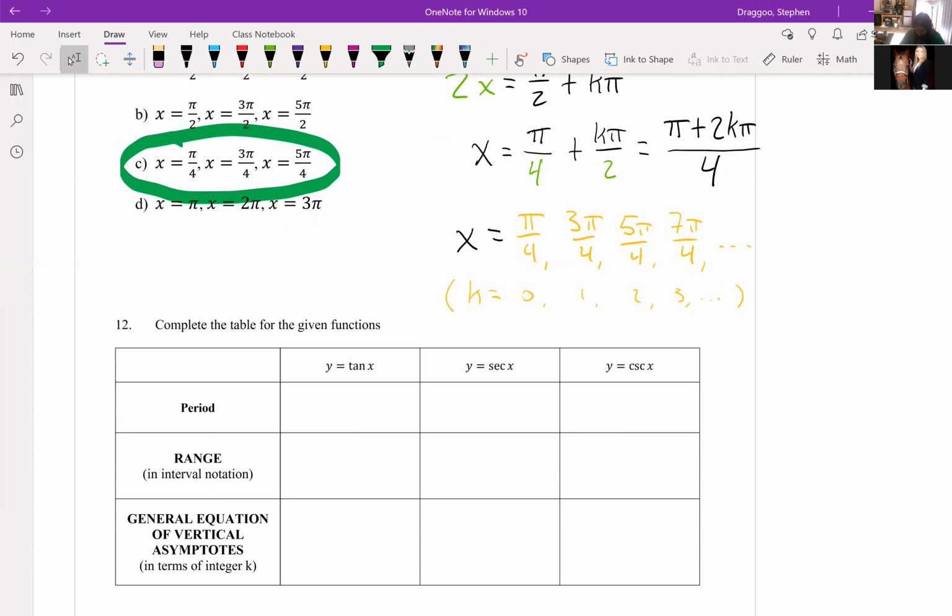All right, question 12. I just have to fill in some basic information about tangent, secant, and cosecant. So the big one, I'm going to put it in red. The period of tangent is just pi, not 2 pi, unlike both secant and cosecant, which have a period of 2 pi.